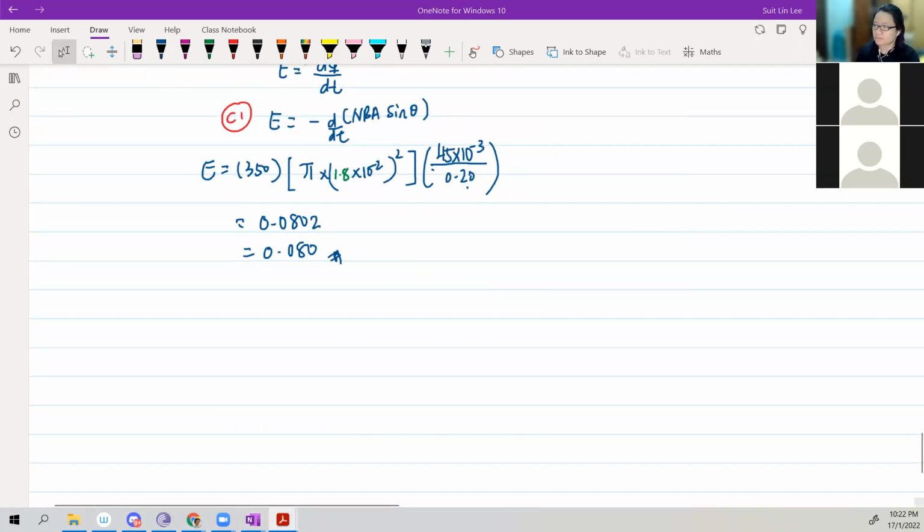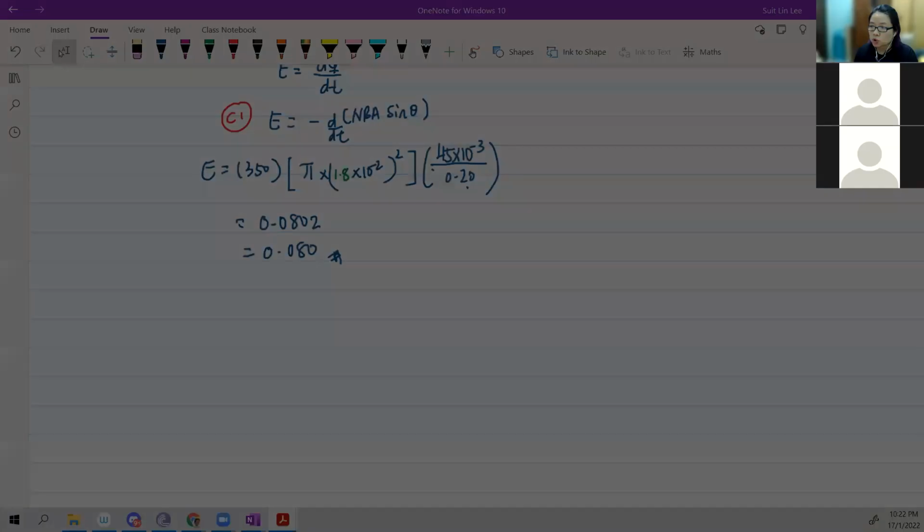let's carry on. We're going to sketch a graph, my friends. Namely, the induced EMF against time. Let me close the graph.